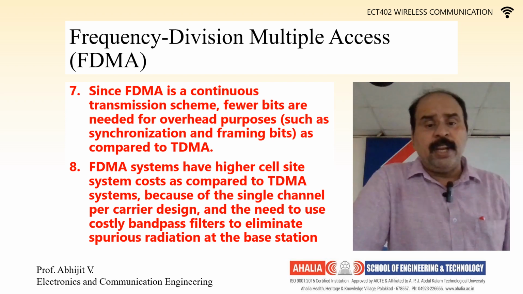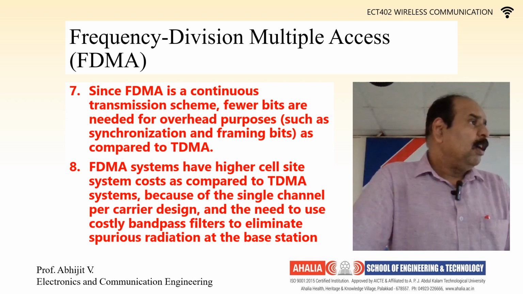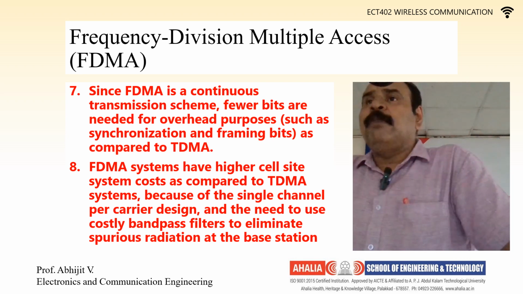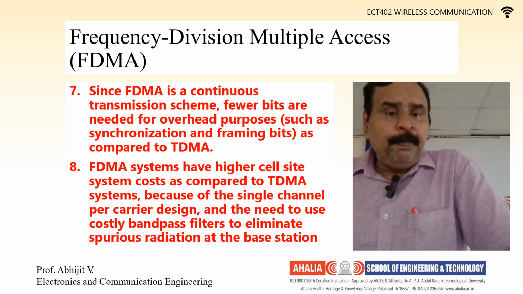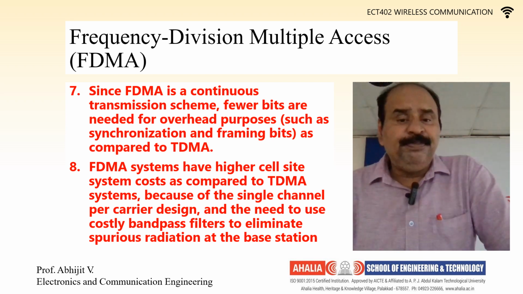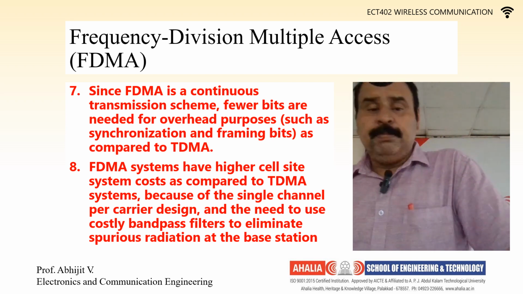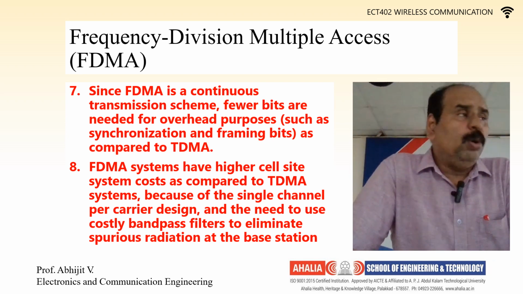That is called overhead, the headers and other kinds of things. So this is occupying some resources in TDMA, and it's an advantage for FDMA. You have fewer bits that occupy this overhead.